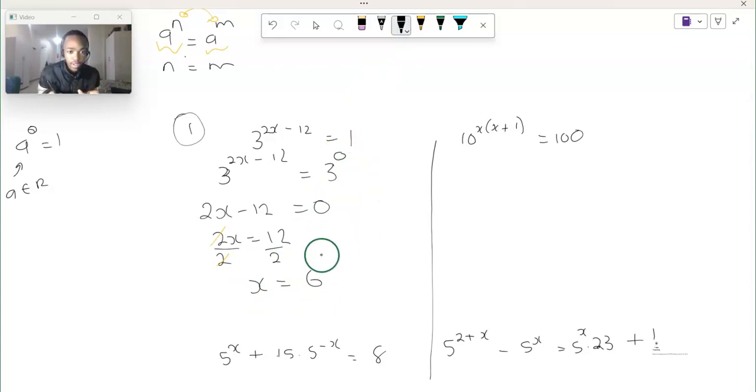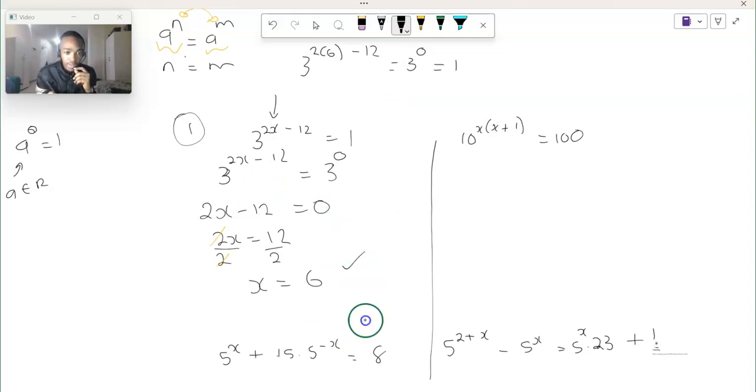To prove that, if you take this value and plug it in place of x, you should get 1. So 3 to the power 2 times 6 minus 12. 2 times 6 is 12, and 12 minus 12 is 0. So we get 3 to the power 0, which is basically 1. So this value is correct.